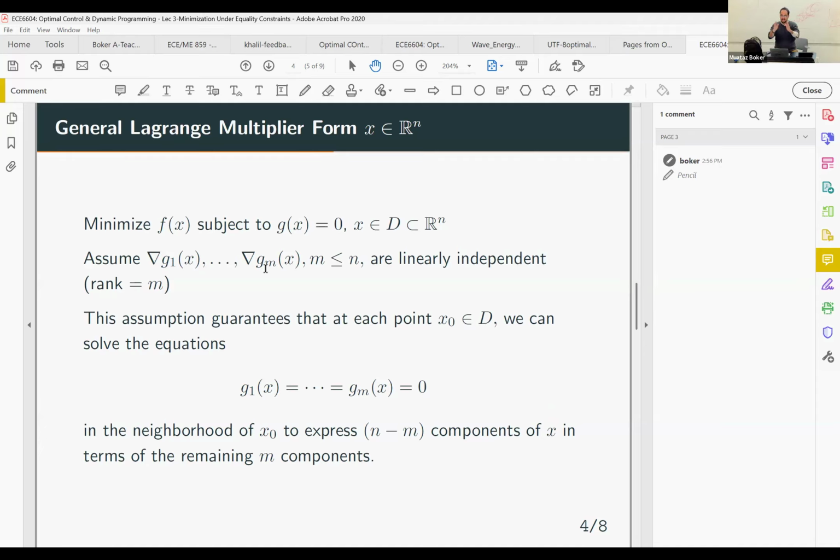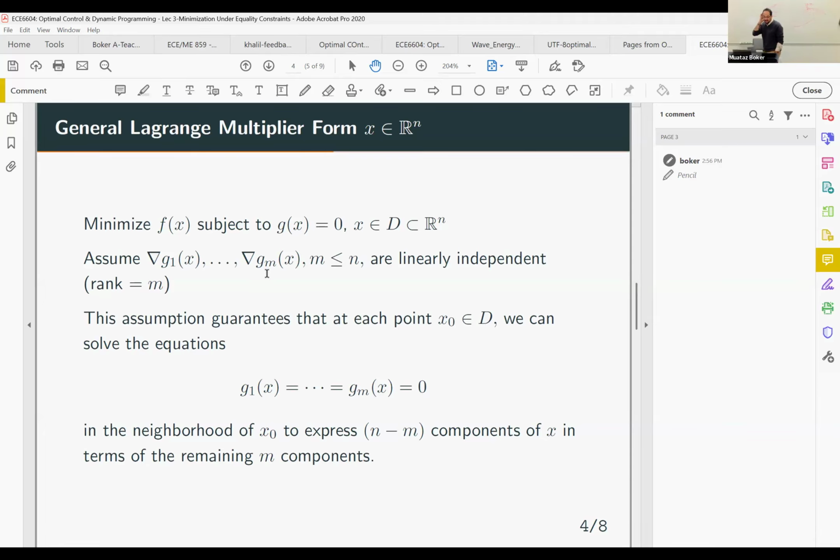And that matrix has m columns, then that matrix will have rank m, full rank, right? And this m is in general less than or equal to n, okay? So this is the number of constraints, right? So m here, small m, is the number of constraints, okay? So remember, function g is the constraint.